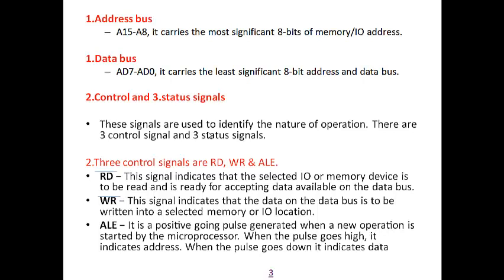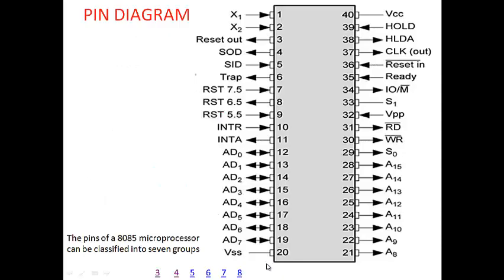Lower order address is multiplexed with data lines. We can see from the diagram that pins 12, 13, 14, 15, 16, 17, 18 and 19 are used for both address and data lines. Initially the address will be transferred from the lower order address and then the higher order address.